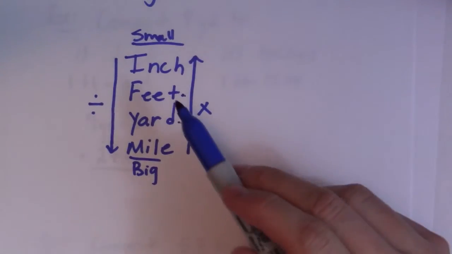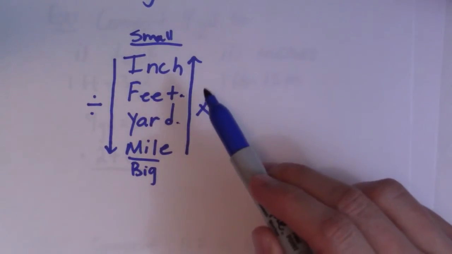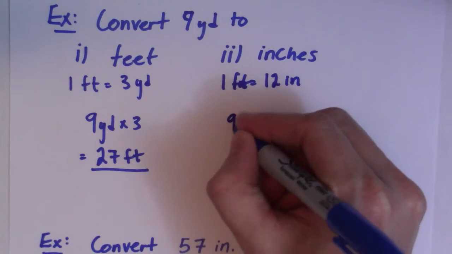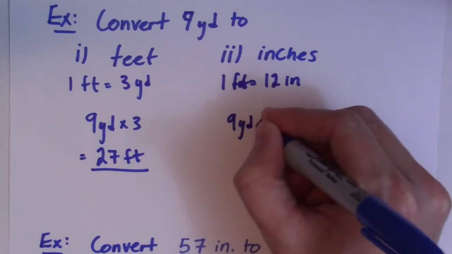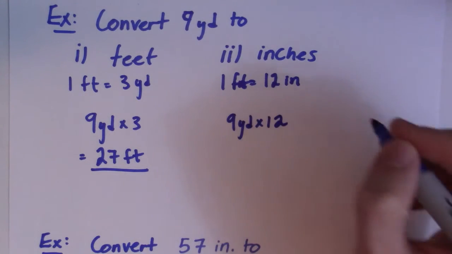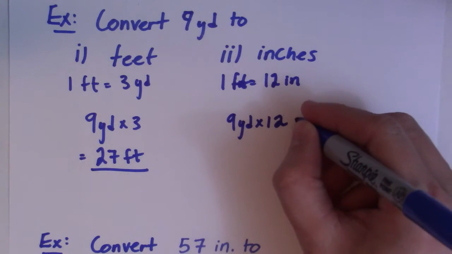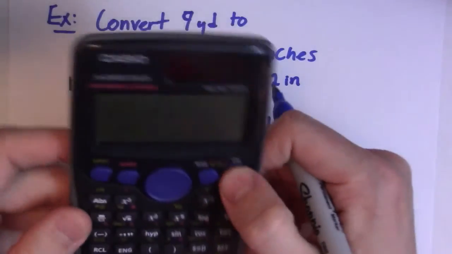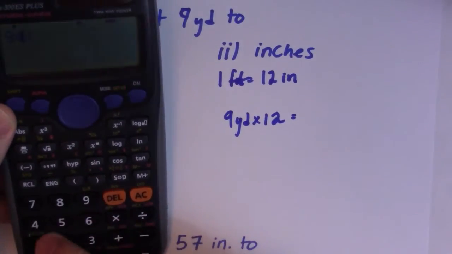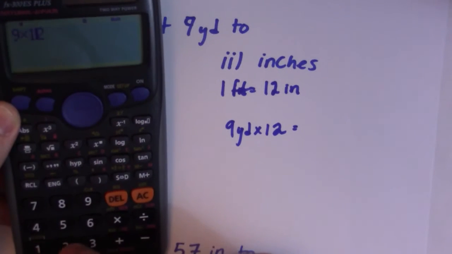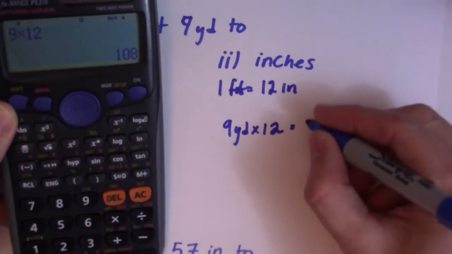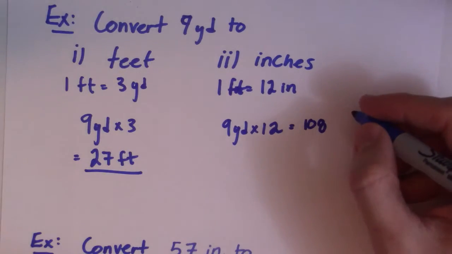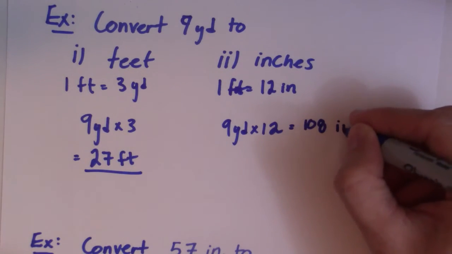So I'm going to go from feet to inches, so I'm going to multiply by the conversion factor. So I would go 27 times 12, and that gives me, well, I'm not a mental math genius. 27 times 12, 324, I don't like making mistakes on videos, and that will be in inches.